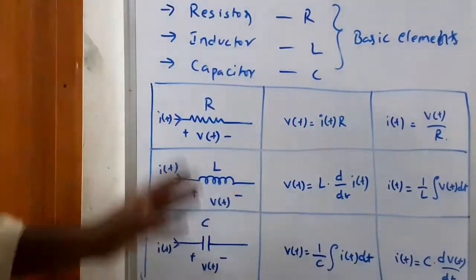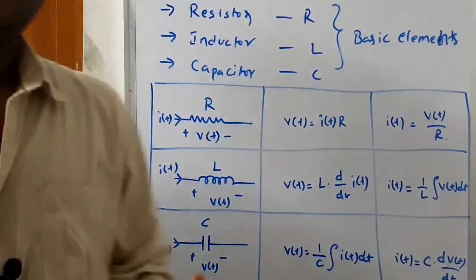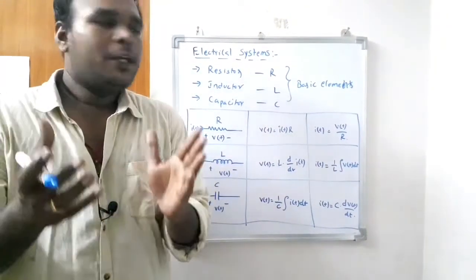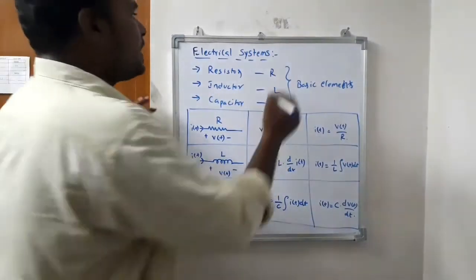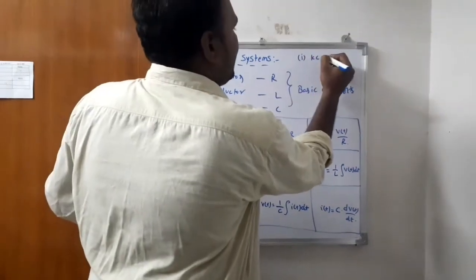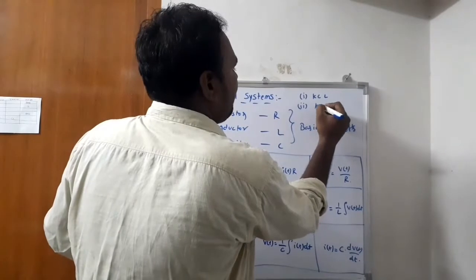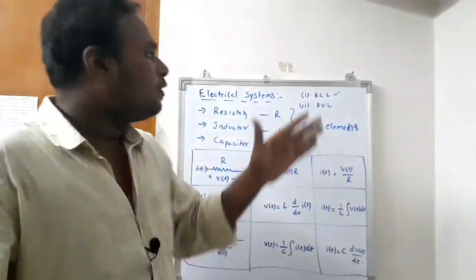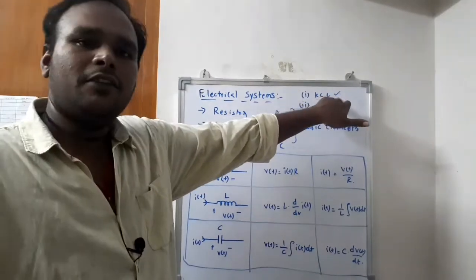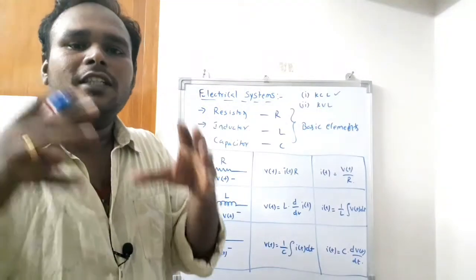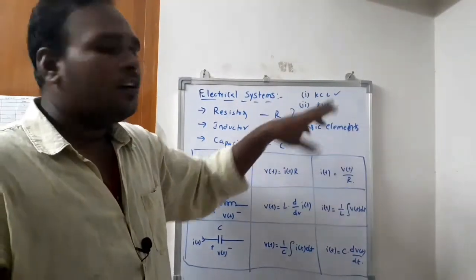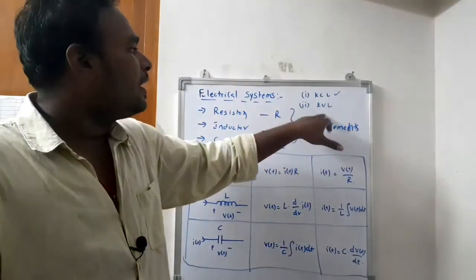By using these relations, we are going to find the transfer function of the electrical system using two laws. The first one is KCL and the other one is KVL. KCL means Kirchhoff's current law and KVL means Kirchhoff's voltage law. For nodal analysis, if we have nodes in the circuit, we use Kirchhoff's current law, and if we have loops in the circuit, we use Kirchhoff's voltage law.